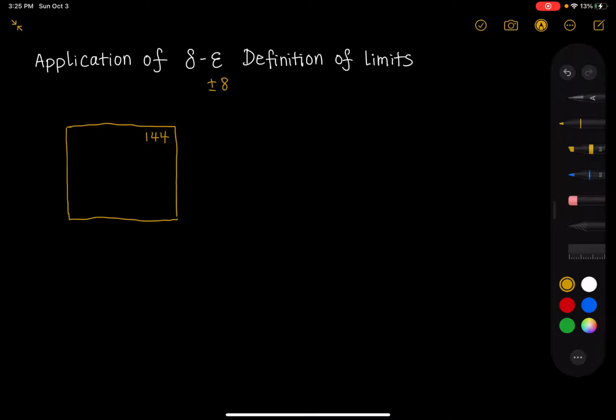In order to solve this question, we need to understand what situations are allowed. If the engineer cuts a square that is exactly 144 centimeters squared, it will be a 12 by 12 square.